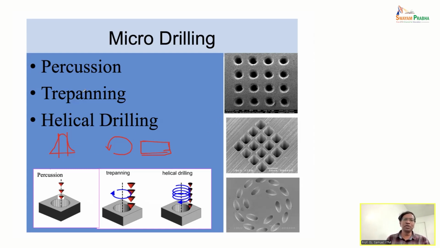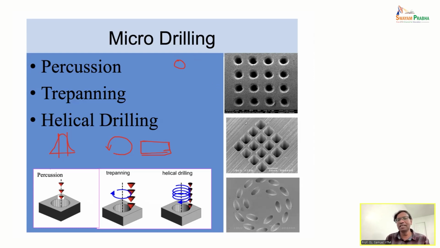When we produce holes by percussion drilling, usually they will be circular, but we can also have a beam shaper, by which we can change the shape. Typically the beam shape will be circular, but if you want different shapes, we can use a beam shaper and produce holes of different shapes, though generally it will be circular.